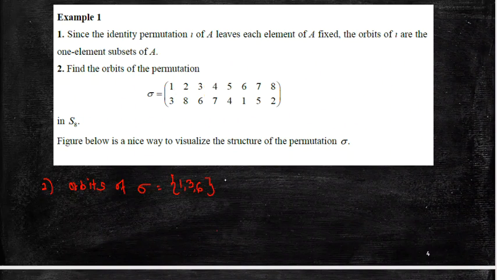Next we start with 2. 2 is mapped to 8, and then 8 maps to 2. So 2 to 8, 8 goes back to 2.